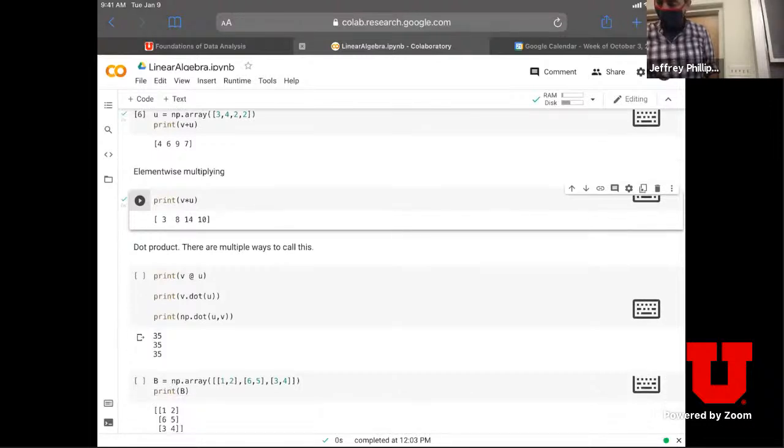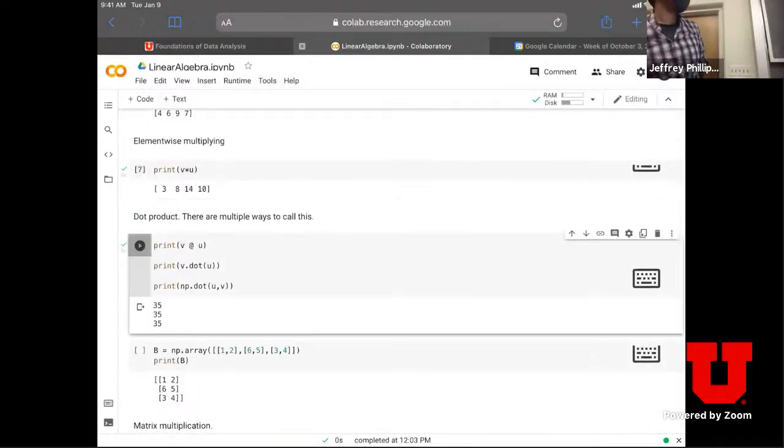If I want to do the dot product, there are many ways to do it. Here are 3 of them. The dot product is so important, it shows up in many different forms. Probably the easiest one is V at U, right? That gives me a dot product. I can also do V dot of U. I can do inner instead.